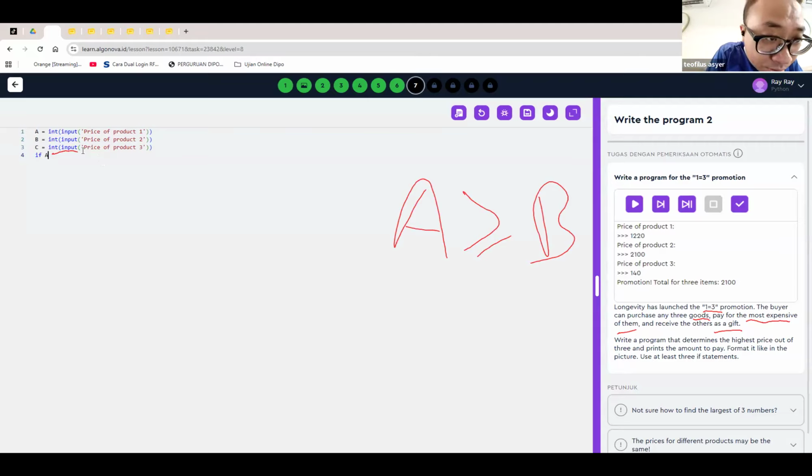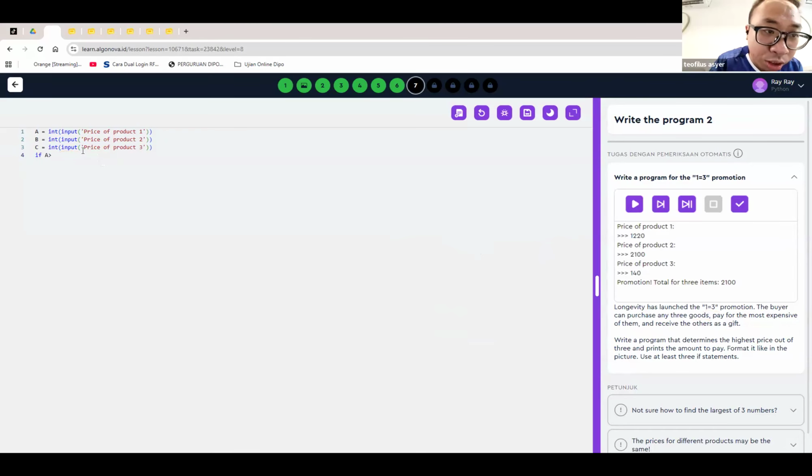Don't use equal here. Just if A bigger than or equal, by the way, B. Okay, and then colon.